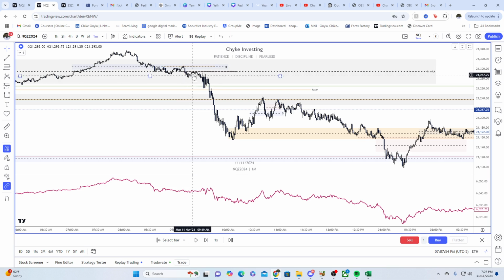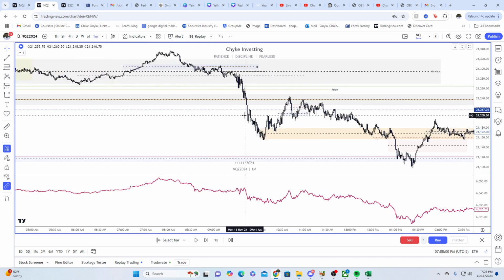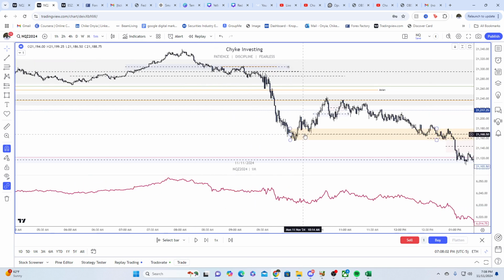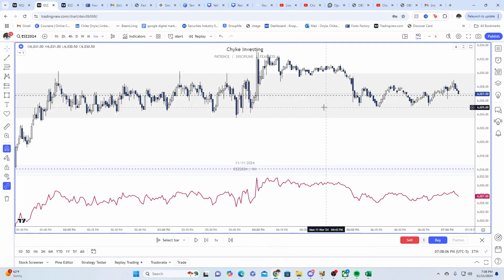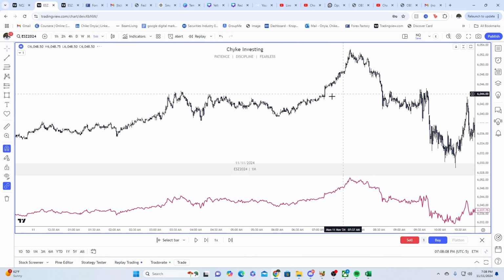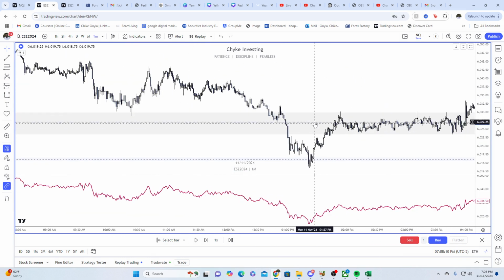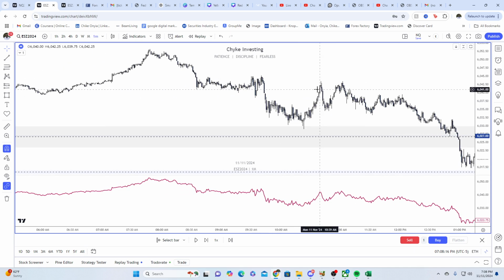Purge liquidity, continue going lower, lower, lower. Don't get to that final level yet, but we've taken out so much already. And right here, we had SMT with ES. Right here around 10 o'clock, you see we touched the low of ES's new week opening gap.